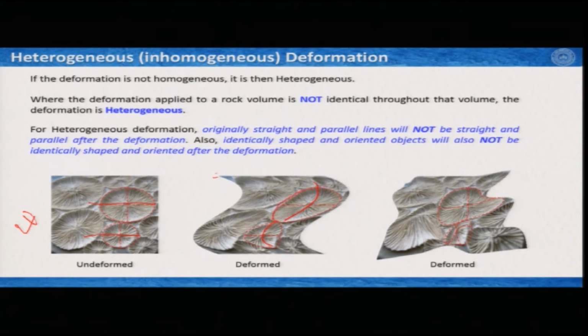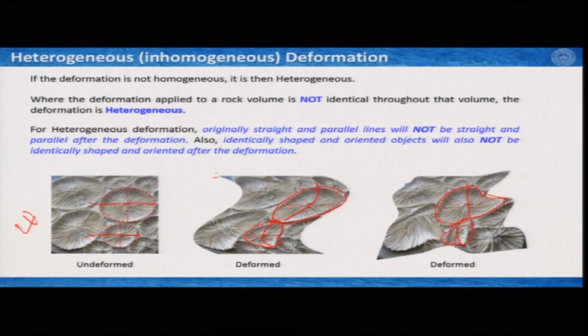The shapes here also changed, so therefore this is essentially a heterogeneous deformation. And in the next case, which is sort of crumbled but the volume more or less remained the same, what you can see here, the parallel lines are not parallel, and also the shapes are different in different objects which were initially similar to each other.